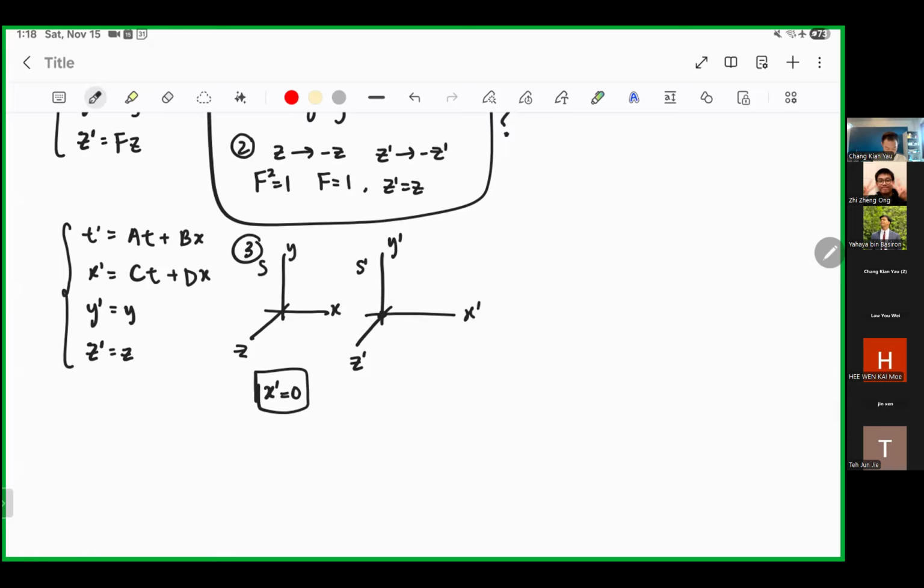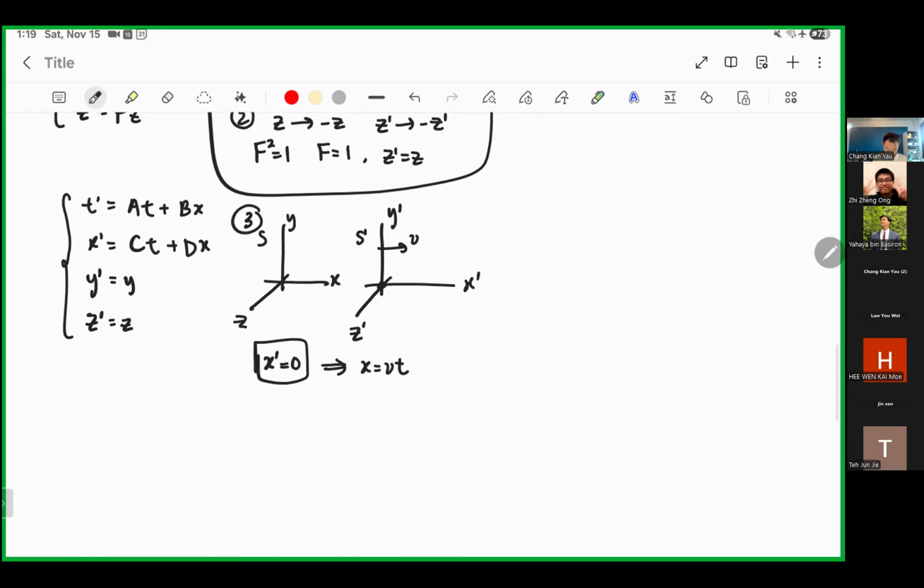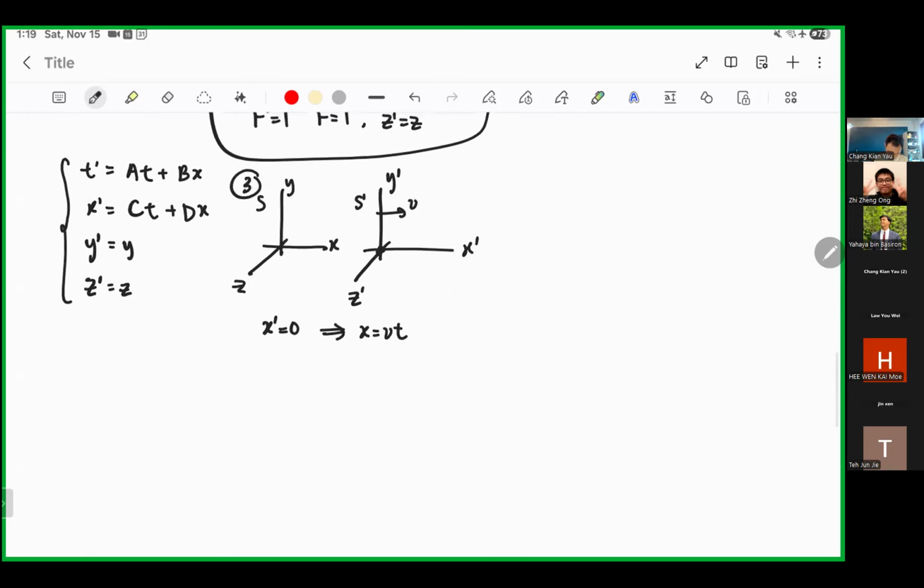Then what happens, to this s frame, is we would get x equals vt. Then we can use this to simplify our equations here. So for this case, let's plug this into this.